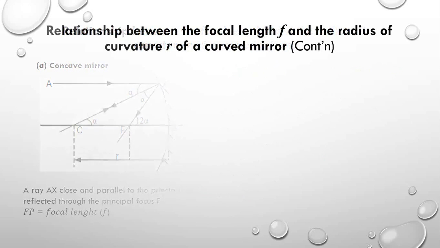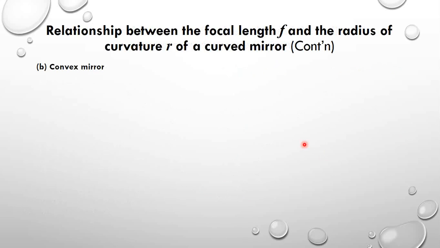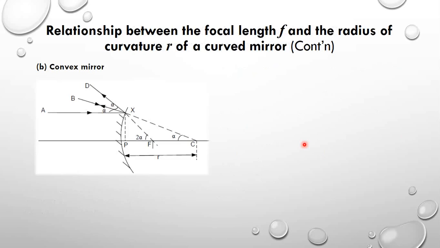Let's see, for the convex mirror, we have the same scenario. Also, we draw a ray parallel to the principal axis, and then that ray is going to be reflected according to the second law of reflection, and it is going to appear to come from the focal point here.